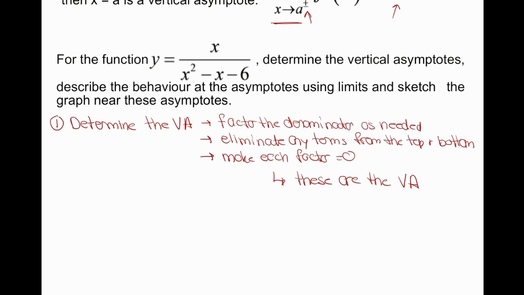Okay, so we have y equals x over x squared minus x minus 6. We need to factor the bottom of this, x squared minus x minus 6.